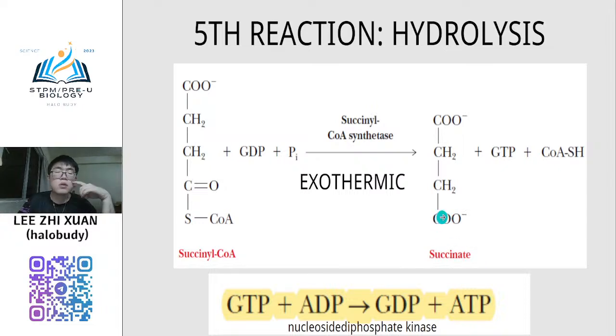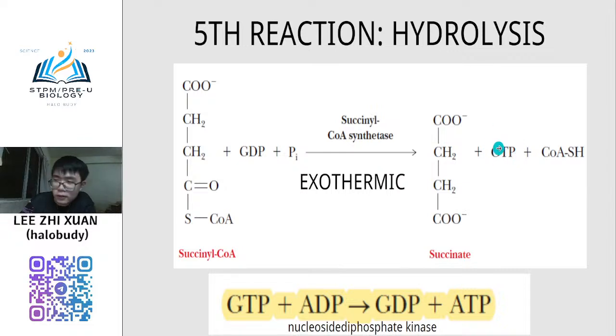Okay, at the same time, our GDP will be phosphorylated to form GTP. But you need to know this one is not the basic energy carrier.